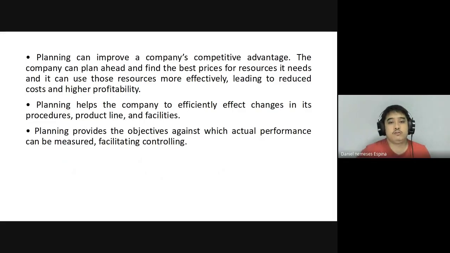Planning can also improve the company's competitive advantage. The company can plan ahead and find the best prices for the resources it needs, and it can use those resources more effectively, leading to reduced cost and higher profitability.